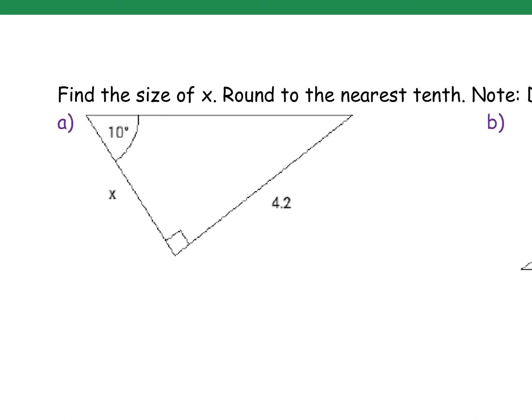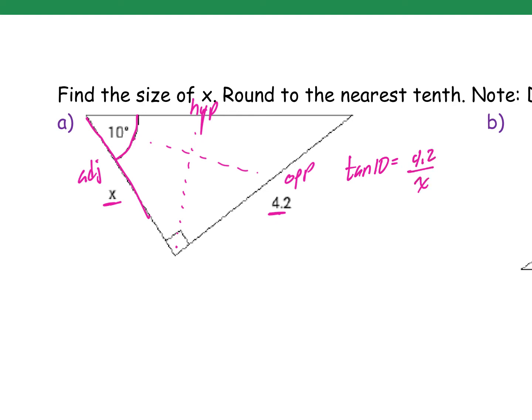So if I look at my angle, here's my hypotenuse, my side opposite. That means this one's adjacent. So I've got tangent, because those are the 2 I have. So I have opposite and adjacent, so that gives me tangent of 10 equals 4.2 over x, because tangent equals opposite over adjacent.